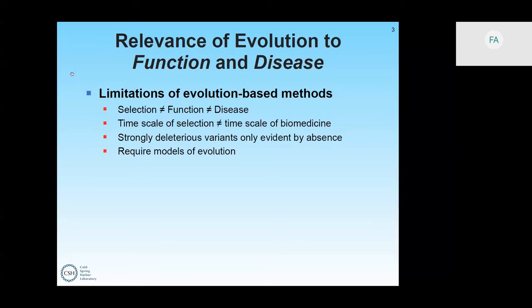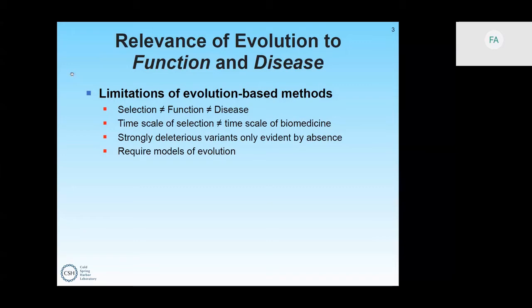The time scales that we're measuring, even if we use population genomic data, are on the order of hundreds of generations or thousands of years, whereas some of our interest in biomedicine is usually limited to much more recent time scales. The other important limitation of these methods is they require some sort of a realistic and interpretable model of evolution.